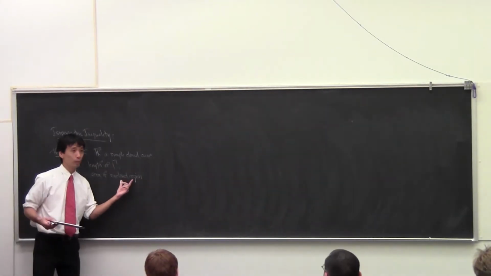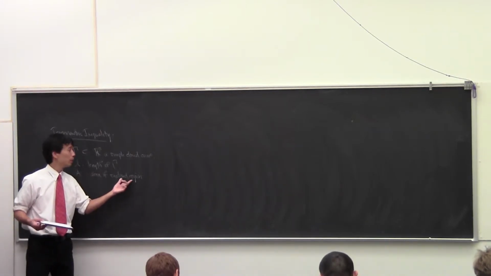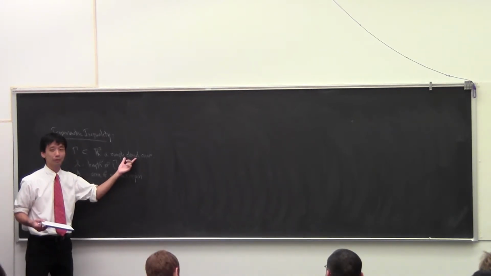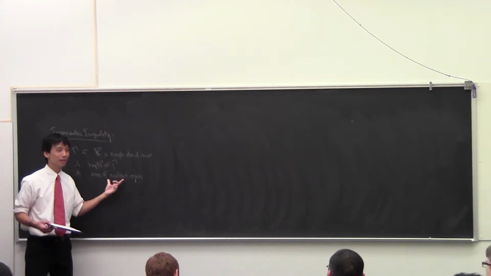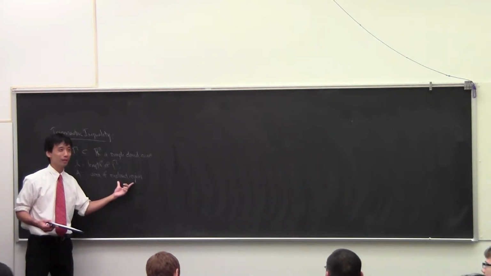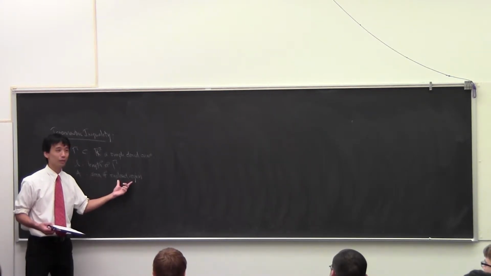And that actually opens another question. If you have a simple closed curve, how do you know that it actually encloses a region? That seems like an obvious thing, right? That a simple closed curve encloses a region. But how many of you know that this is not at all an obvious question? This is actually not at all an obvious question.